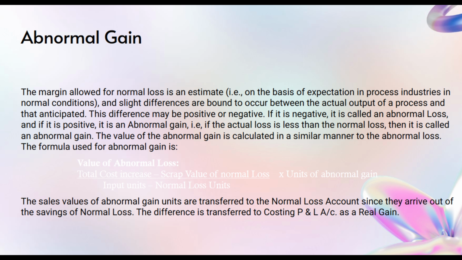That is to say, the difference between the abnormal loss and the abnormal gain formula is multiplying the units of the abnormal gain or loss. The sales value of abnormal gain units are transferred to the normal loss account since they arose out of the savings of normal loss. The difference is therefore transferred to costing profit and loss account as a real gain.